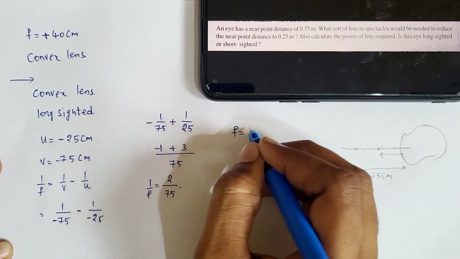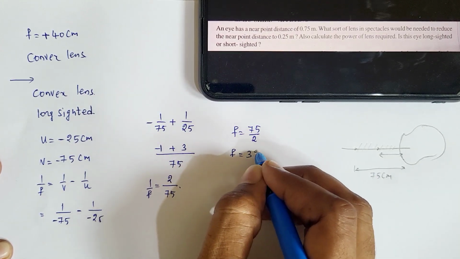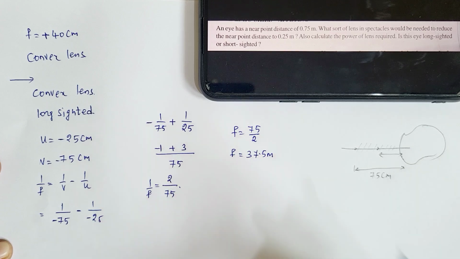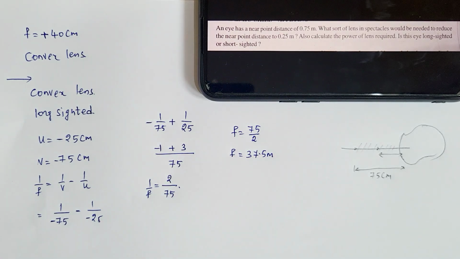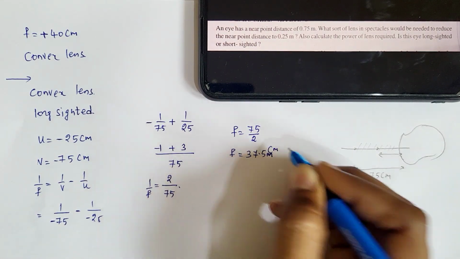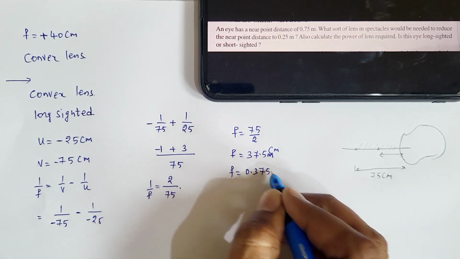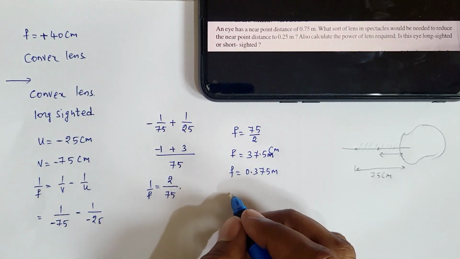So f will be equal to 75 divided by 2, so f will be equal to 37.5 centimeters. Okay? So focal length will be 0.375 meters.